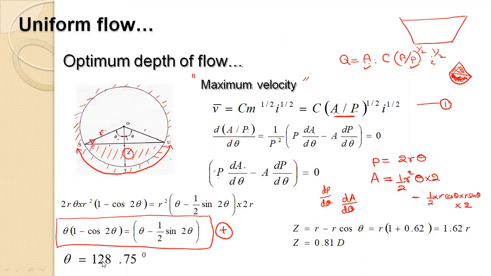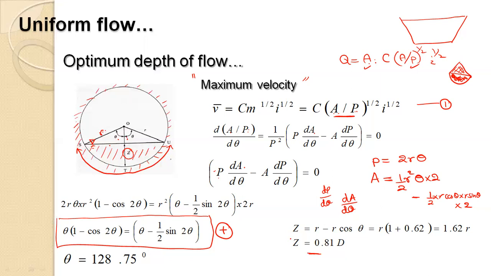So when theta equals 128.75 degrees, the Z, the water depth, will be 0.81 times the diameter of the pipeline. So this is for the maximum velocity to occur along a circular pipe or a channel with a circular section.